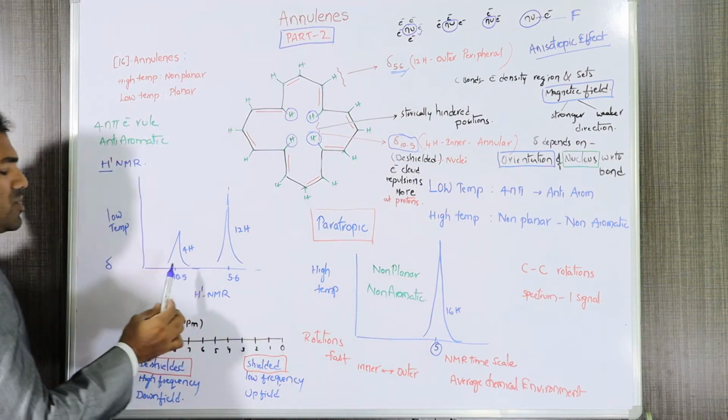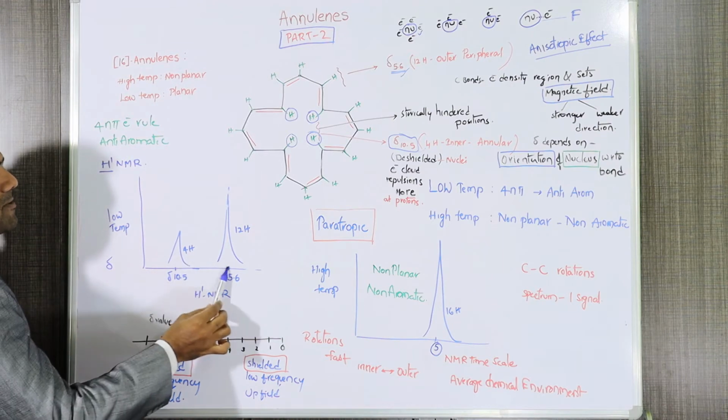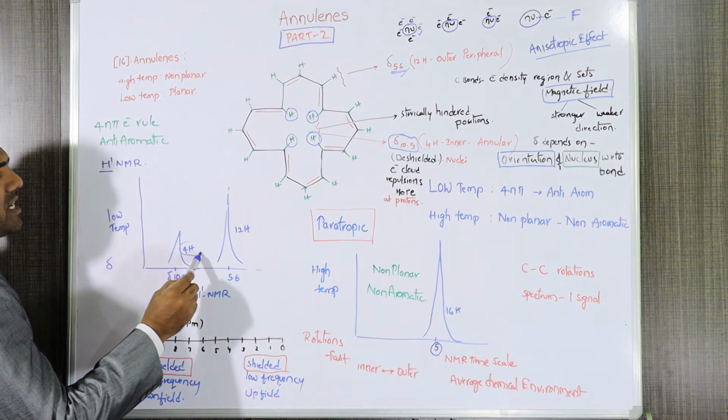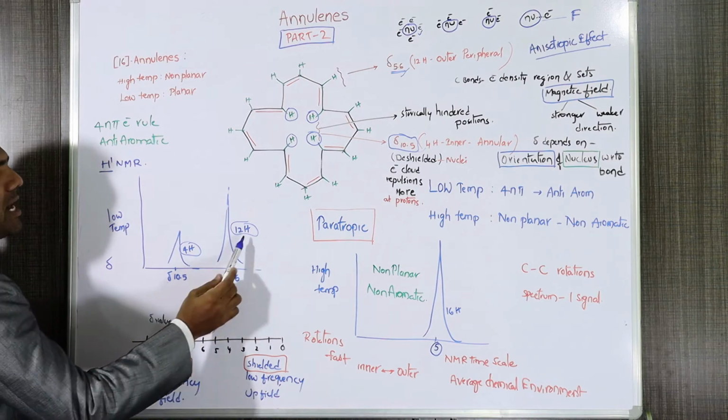Okay, let us check. From the spectral studies, it is shown that of these 2 peaks, these 4 hydrogens represent annular hydrogens and these 12 hydrogens represent peripheral hydrogens.